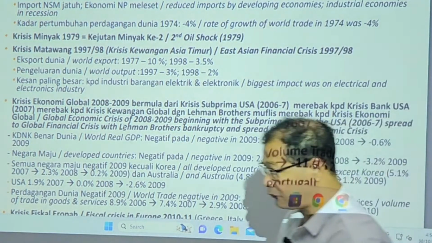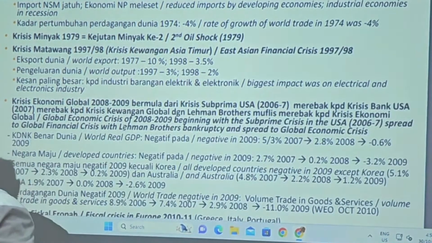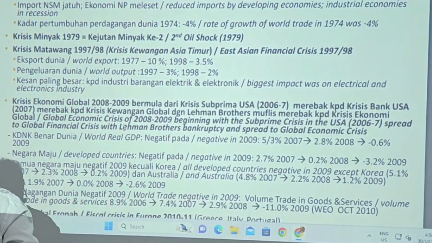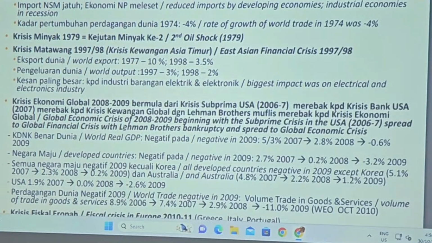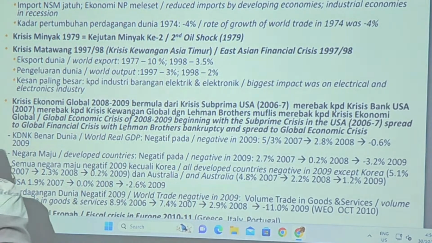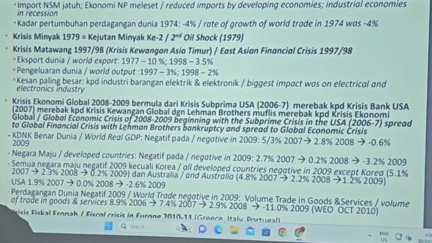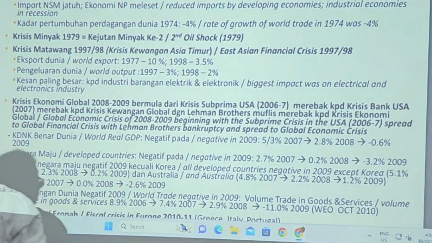The global economic crisis of 2008, how did it happen? From the housing market crisis, it spread to the bank crisis, spread to a crisis on Wall Street, spread to a crisis in the real economy, the global economy.